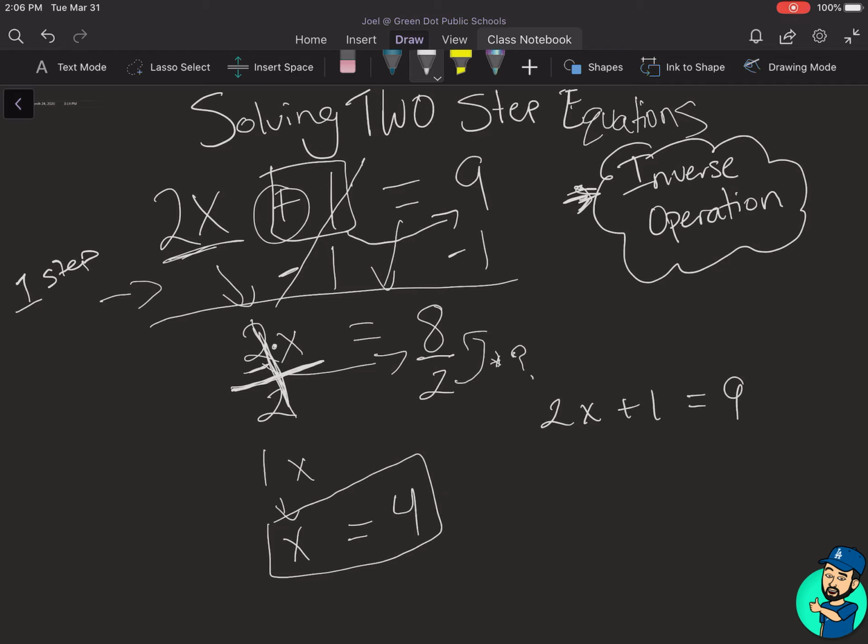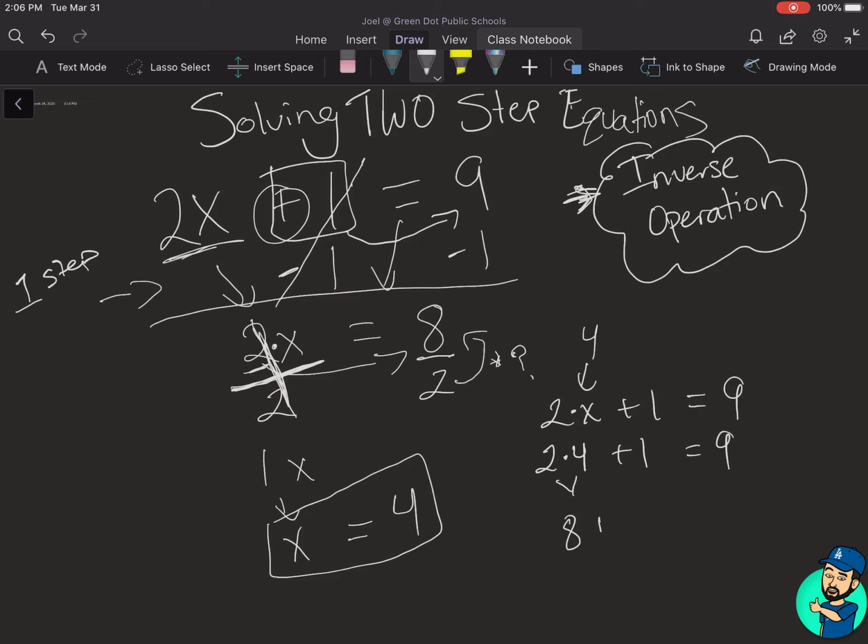We can check our work. We can plug in 4 for x. This is 2 times x. So it'll be 2 times 4 plus 1 equals 9. Now, in order of operations, or PEMDAS, some of you guys know as please excuse my dear Aunt Sally, multiplication comes first. 2 times 4 is 8.